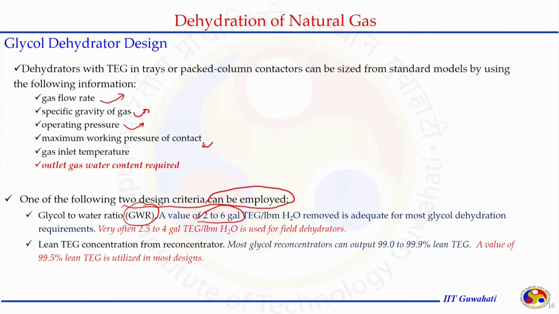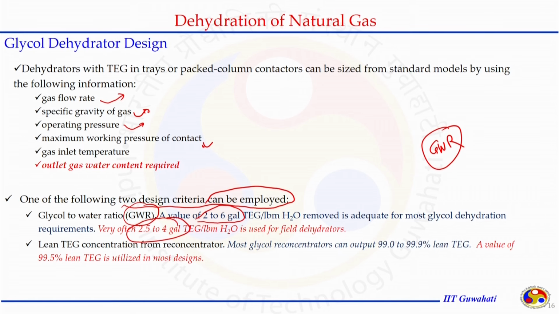So, the GWR becomes important, otherwise if we are having more circulation of glycol compared to the water we are removing, the pumping cost and the size of the equipment that is going to deal with the glycol, like the flash separator and the reboiler, all things will add up the cost of the process.